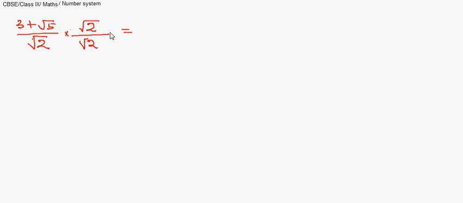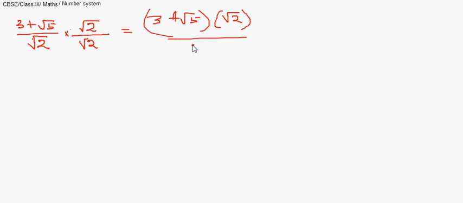So in the numerator it becomes (3 plus root 5) multiplied by root 2, and in the denominator it has already become 2. So the numerator becomes 3 root 2 plus root 10, by 2. This is how we have removed the square root in the denominator. In more questions we take up further.